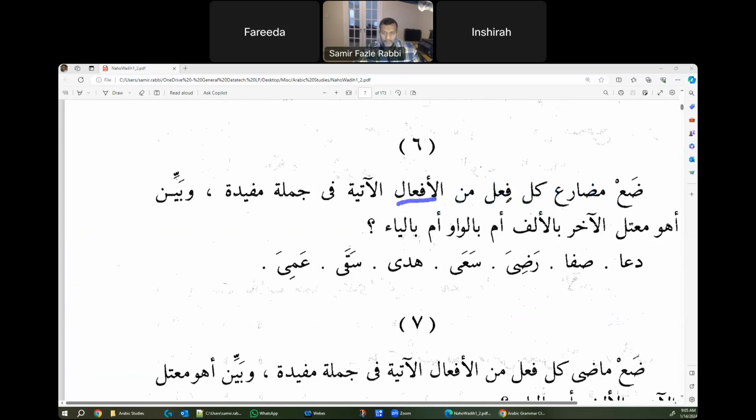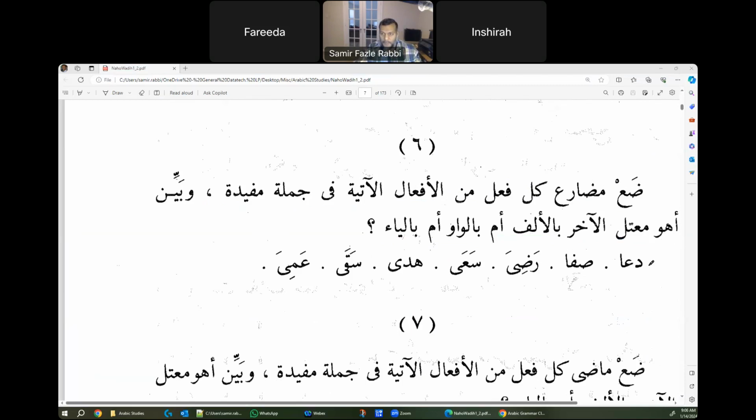Al-af'al is the plural of fi'l, and al-atiya means the following. في جملة مفيدة, in a beneficial sentence, وبين, and distinguish, هو معتل الآخر بالألف أم بالواو أم بالياء. Is it deficient, ending with alif, waw, or ya?